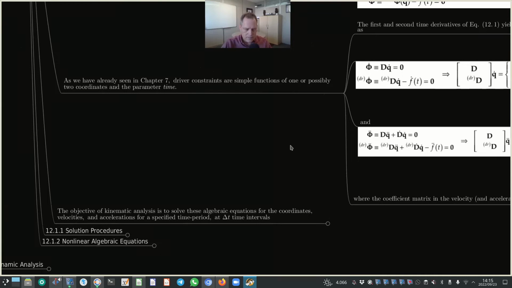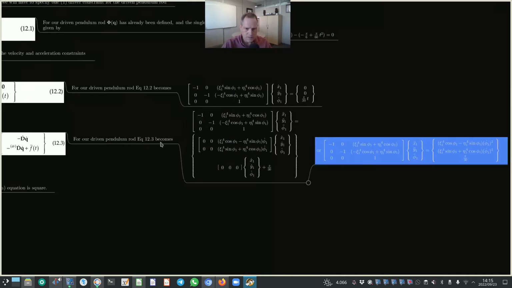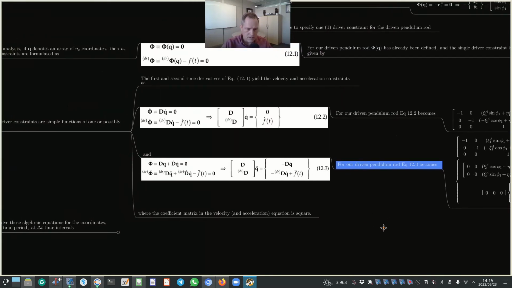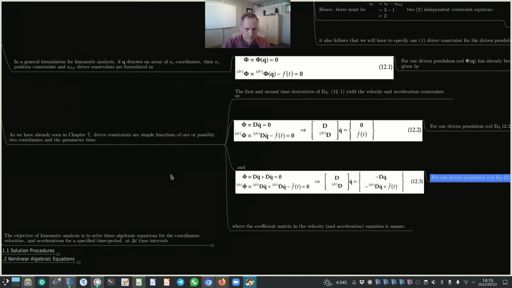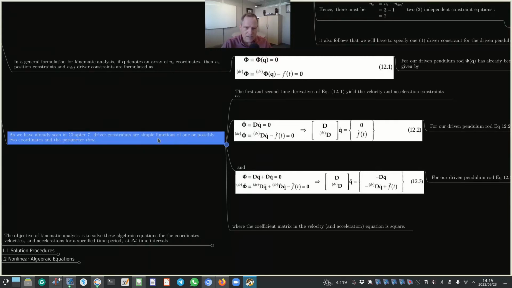Okay, so we're busy with the kinematic analysis, and we just showed that the driver constraints are simple functions of 1, possibly 2 coordinates, and the parameter time.